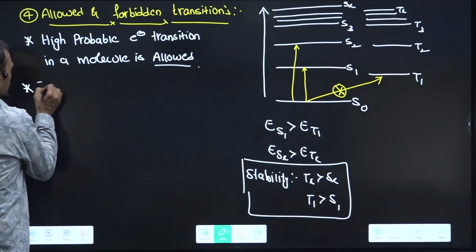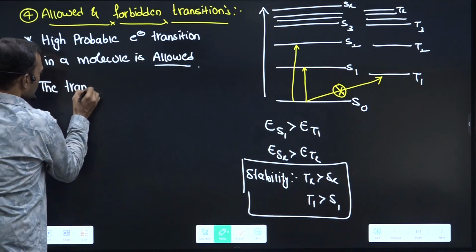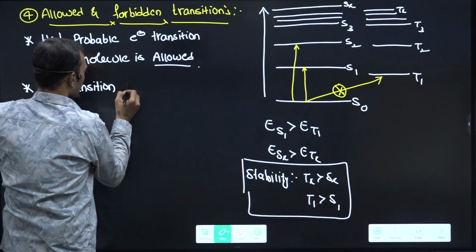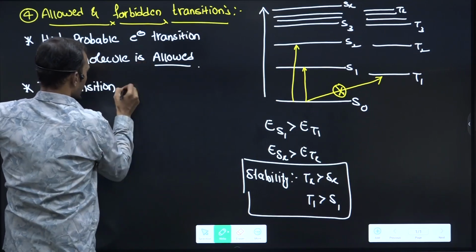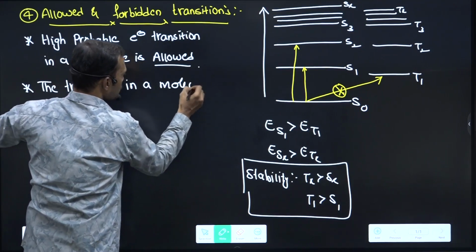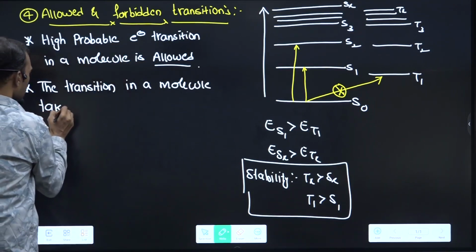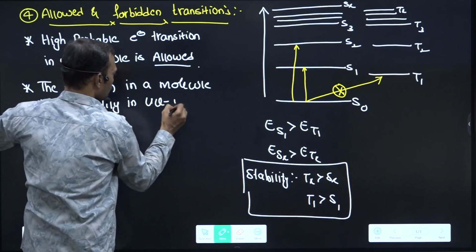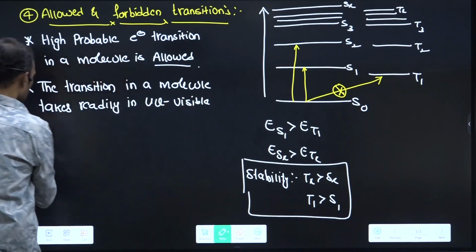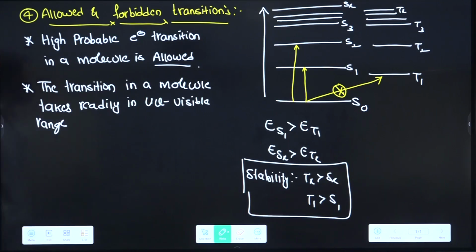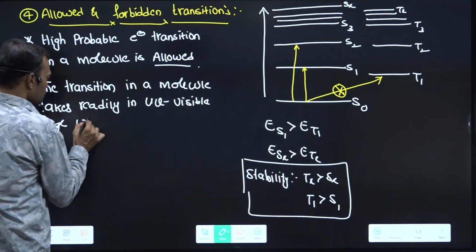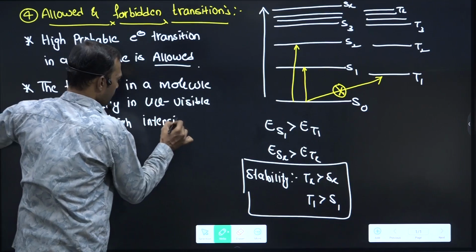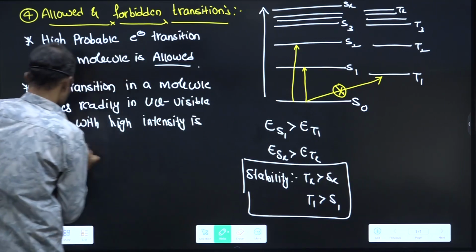Okay. So we can also define it in one more way. A transition in a molecule that takes place readily in the UV visible range with high intensity is an allowed transition.